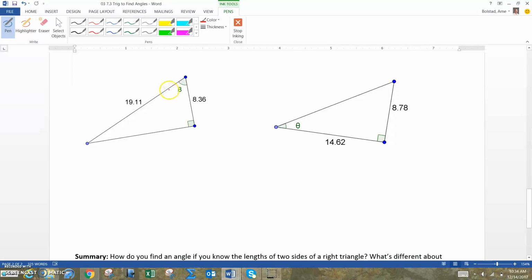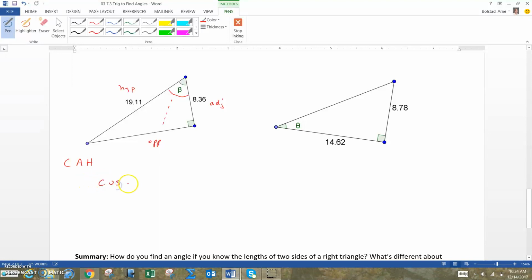Again, we're looking at beta. From there, we would have the hypotenuse, which wouldn't change no matter which angle we were looking at, and this would be adjacent because the side opposite is over here. So again, adjacent, hypotenuse, that gives me cosine.